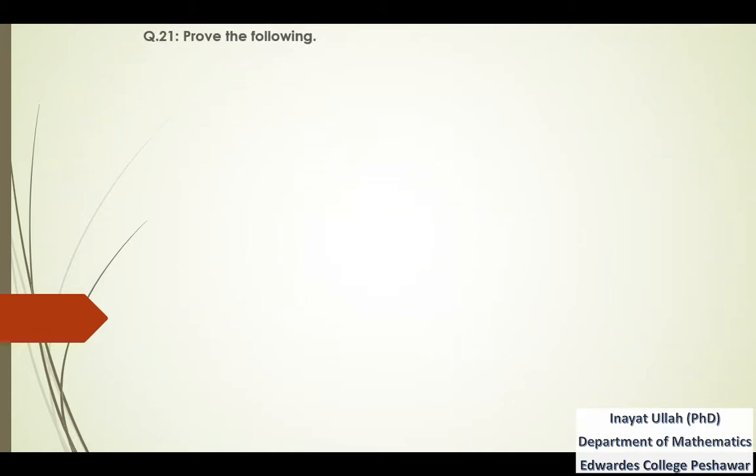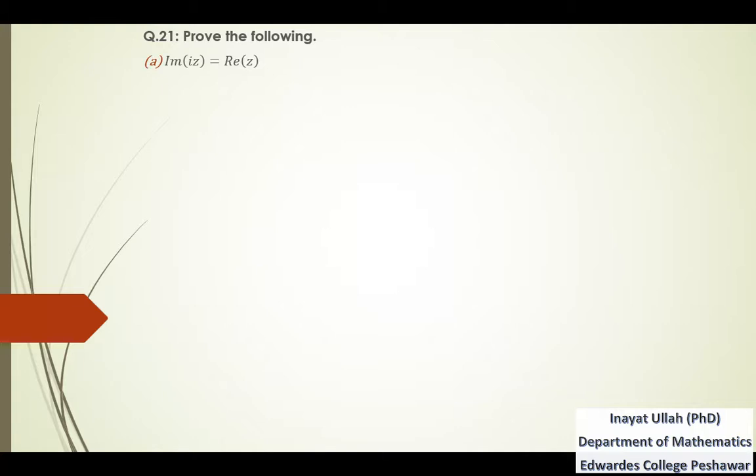Similarly, in this slide we need to prove some special identities. The first identity is imaginary part of iota z is equal to real part of z. z is actually a complex number, and this complex number is not given to us.